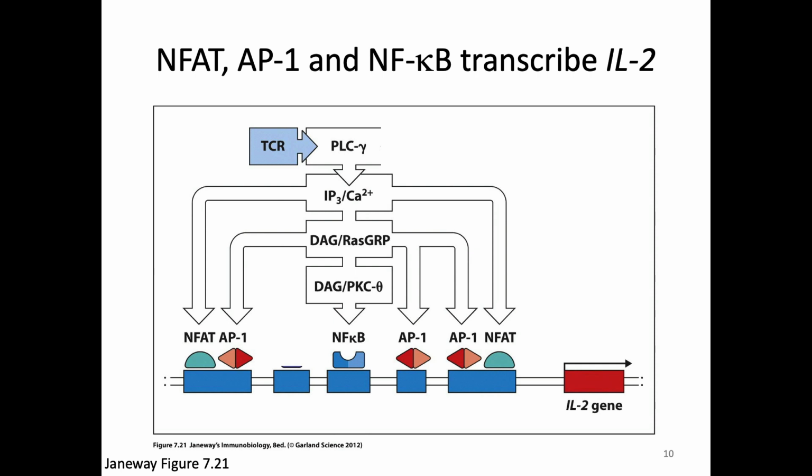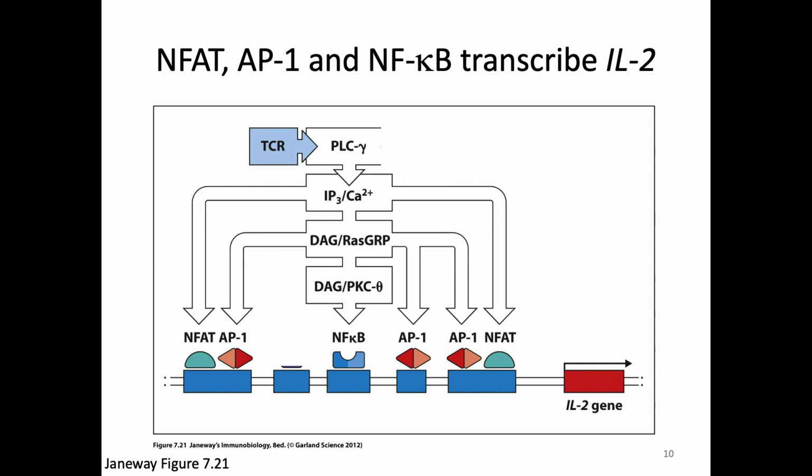So for a cell that was naive to become activated, that cell needs to make IL-2. So we need to get the right signals to happen in this cell so that it can make IL-2. And so here we can see the IL-2 gene. And remember, our goal is that we can transcribe this gene and then translate the protein and make this cytokine IL-2.